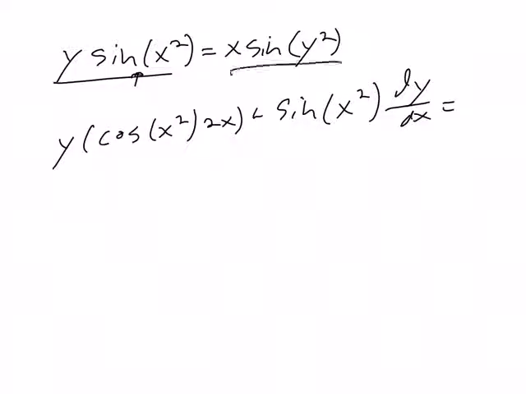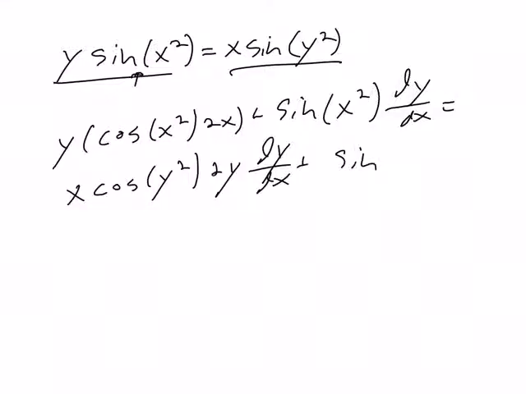It's equal to here, so I'm going to have that is going to be x sine x, and then the derivative is going to be cosine of y squared times 2y times dy over dx, plus sine of y squared times the derivative of x, which is 1.